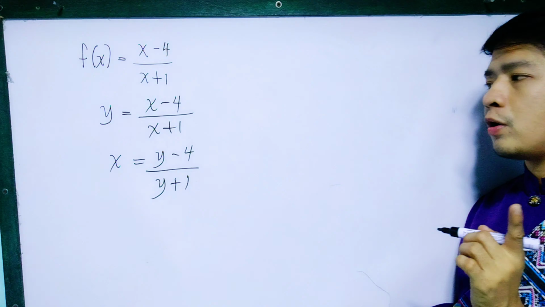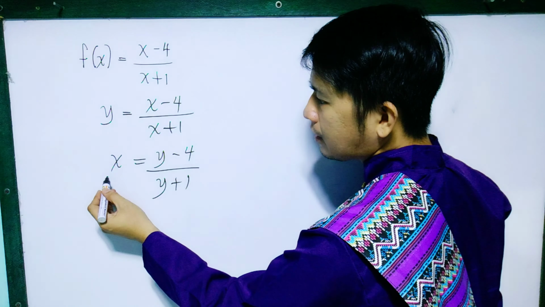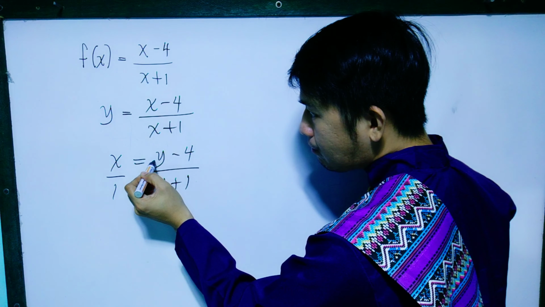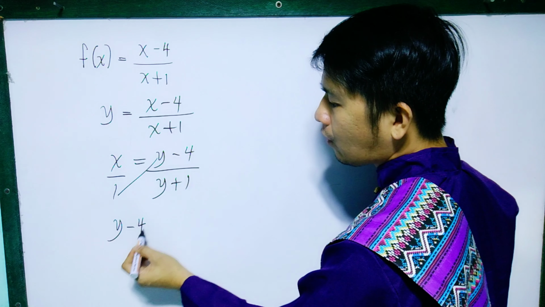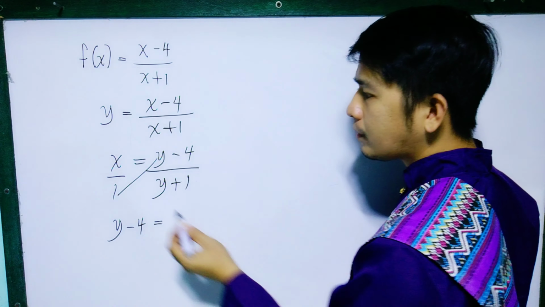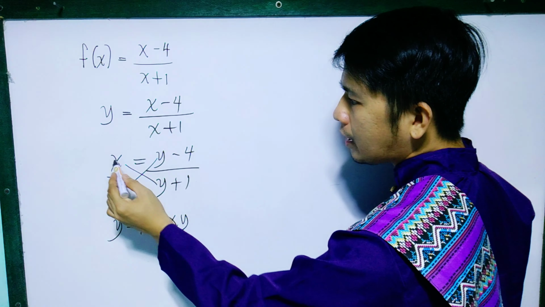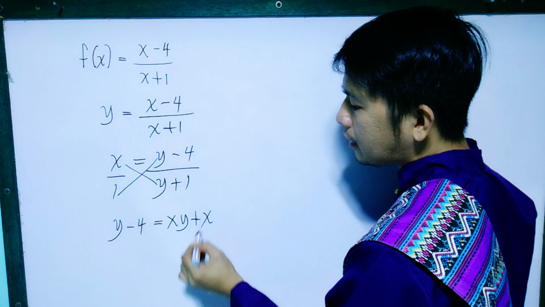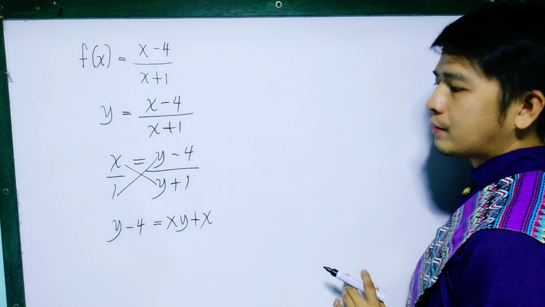Then, let us solve for y in terms of x. So, to do that, let's make it over 1. And then, multiply this. That will be y minus 4 equals x times y is xy. X times 1 is positive 1x or x. So, lahat ng y lagay natin dun sa left side.